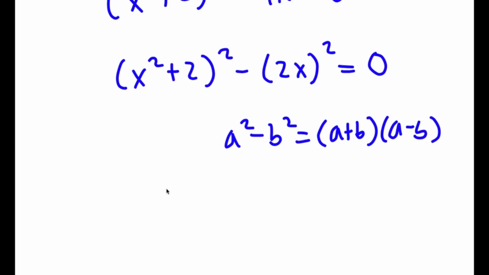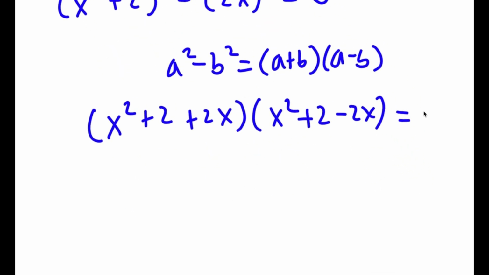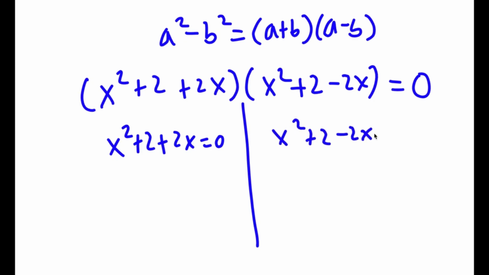So this is going to equal x squared plus 2 plus 2x times x squared plus 2 minus 2x. This is equal to 0. So now this gives me two equations. I have x squared plus 2 plus 2x is equal to 0, and I have x squared plus 2 minus 2x is equal to 0.